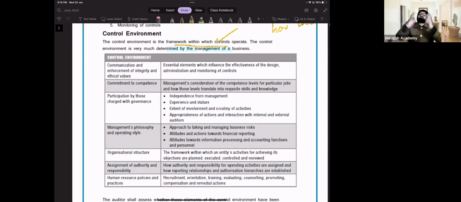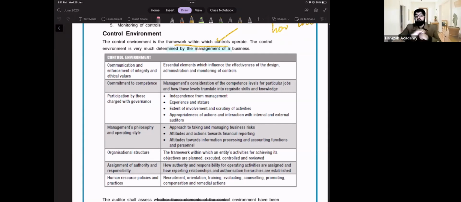And who actually sets the control environment? Management, directors, senior management, their policies. The first one is, if the management is very much committed to integrity and ethical values, and they communicate a lot on it, their staff will be more careful.